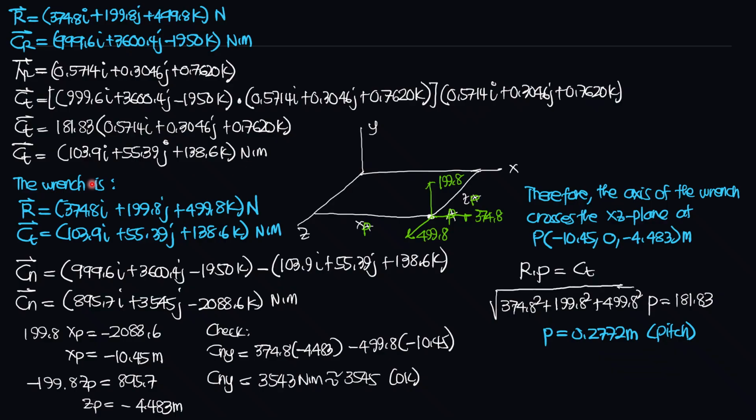Therefore, the wrench is the resultant force and this tangential component of the couple. Next, the normal component of the couple is simply the difference between the resultant couple and this tangential component. And if you calculate that, that's 895.7i plus 3545j minus 2088.6k Newton meter.